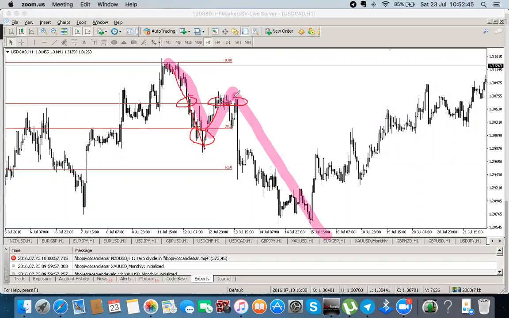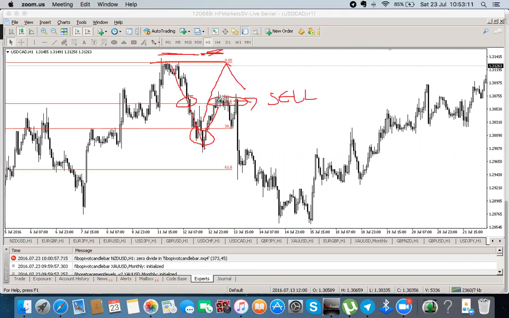It retraced to this zone, and once it hit the 23.6, I had a chance to enter my trade. If I enter a sell order here, my stop loss should be above this zone, because the market sometimes may test and make a double bottom here. My stop loss should be above 10 to 25 pips, somewhere here.